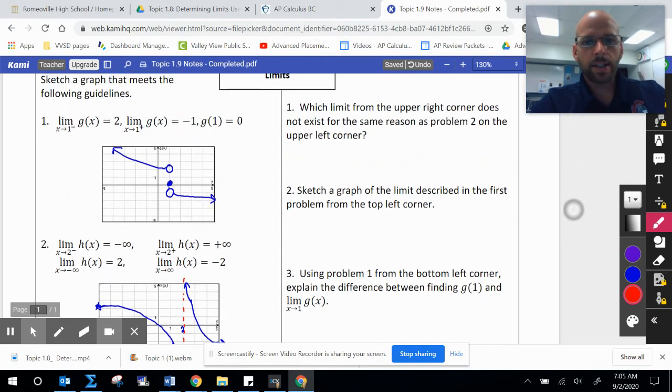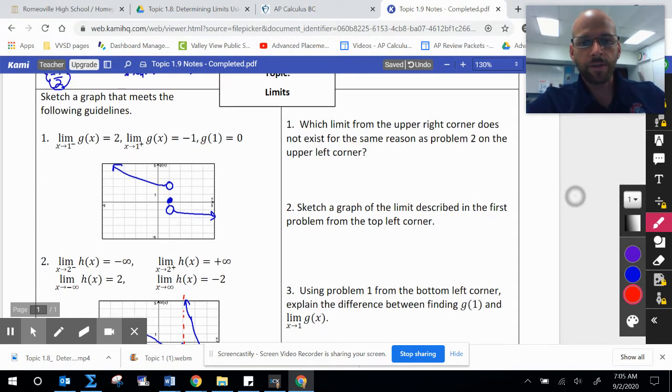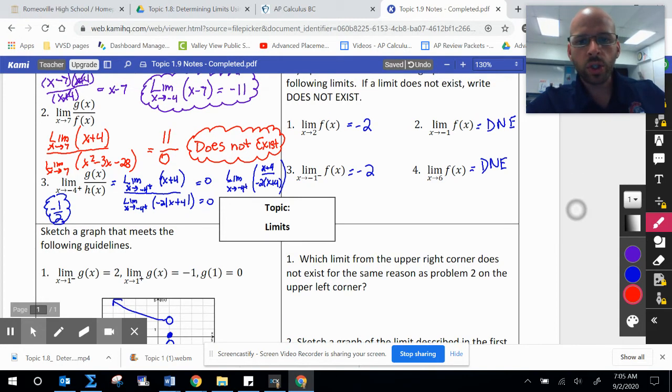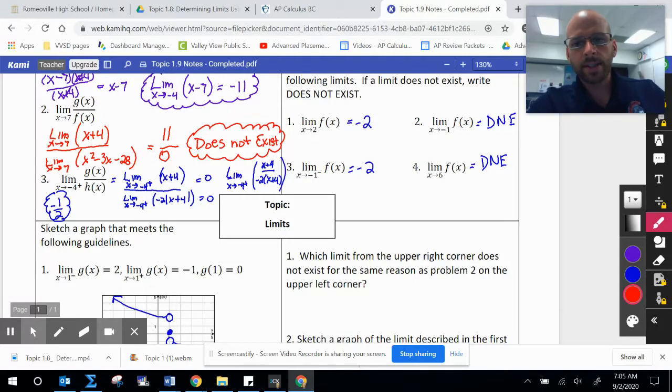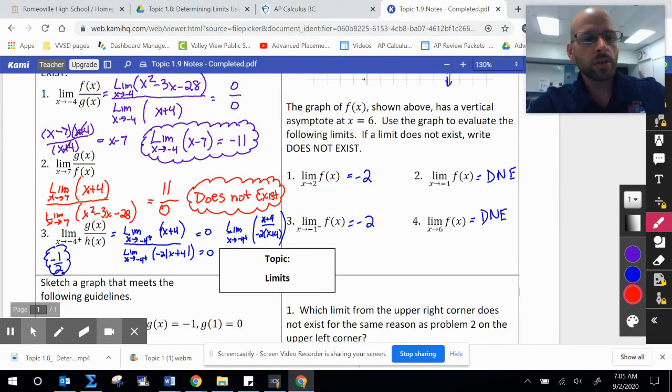Okay. Last but not least, this is where we're going to connect them together. Which limit from the upper right corner does not exist for the same reason or problem as problem 2 on the upper left corner? So problem 2 does not exist, right? Ultimately, the reason for number 2 in the first section is because I have a vertical asymptote.